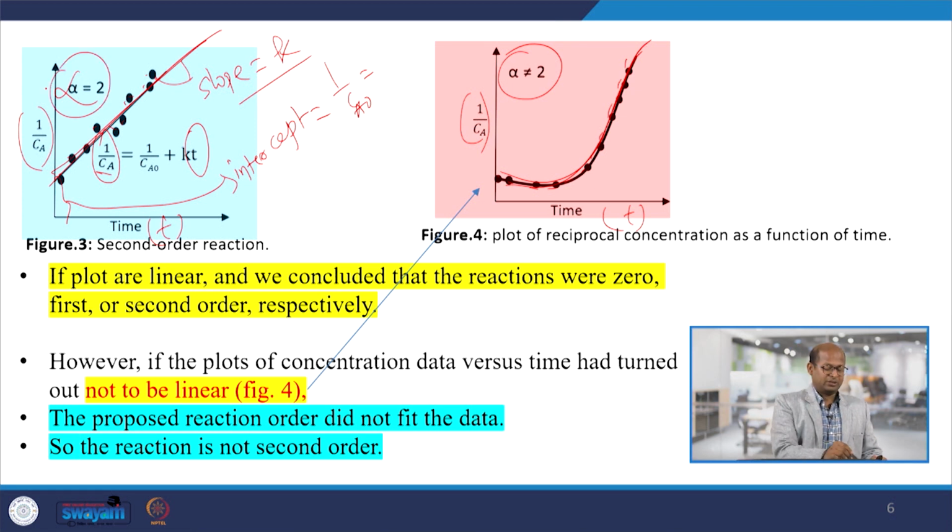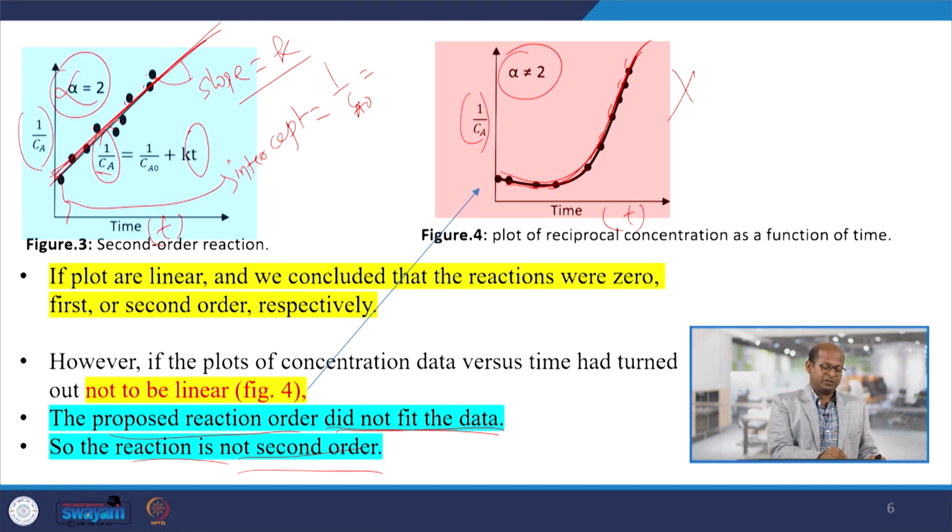When alpha equals 2, the line would be a straight line, and then the data would be acceptable; otherwise the data is not acceptable. So, for the reaction order we have considered, let us say second order, it is not fitted well. The proposed reaction order did not fit the data, so the reaction is not second order.